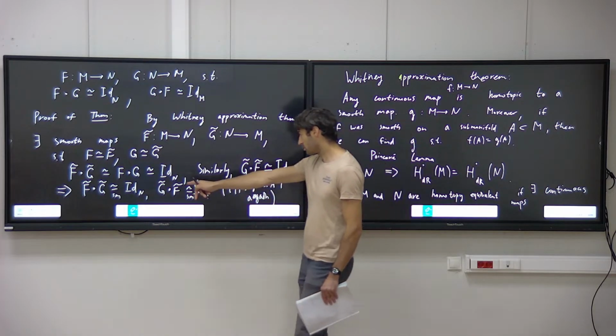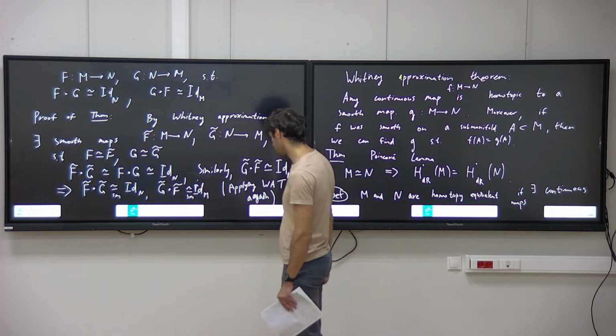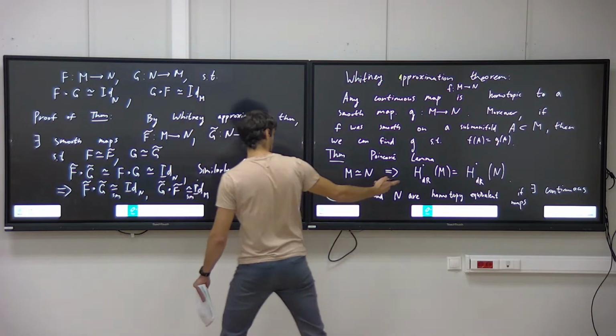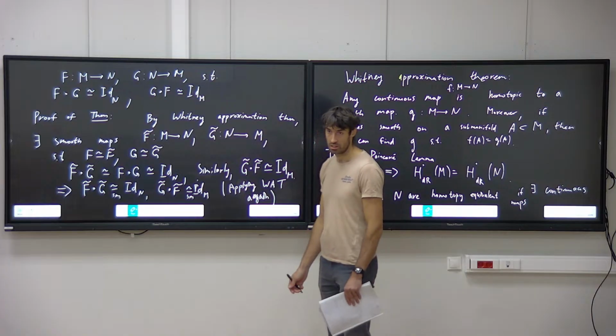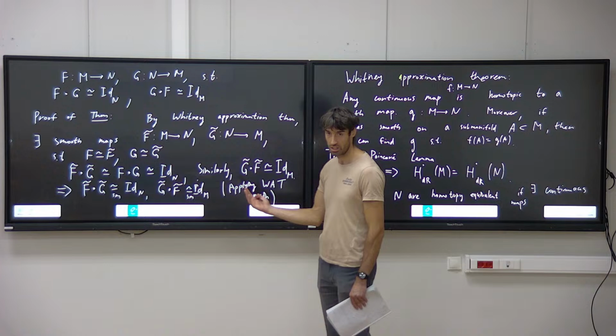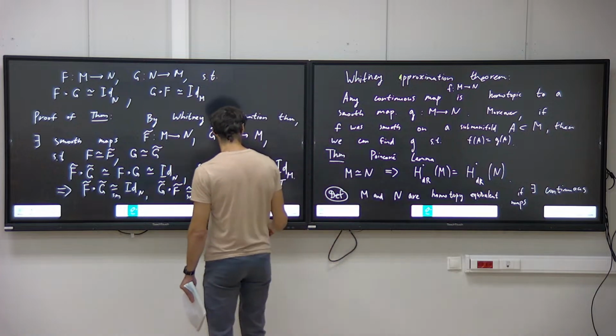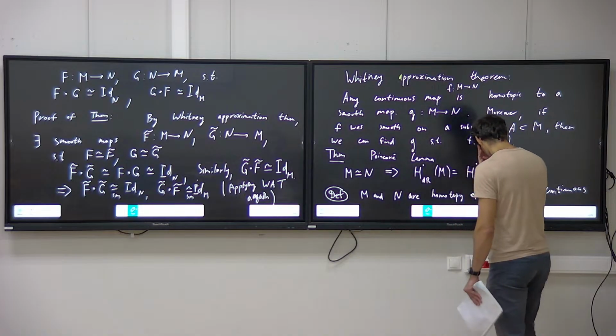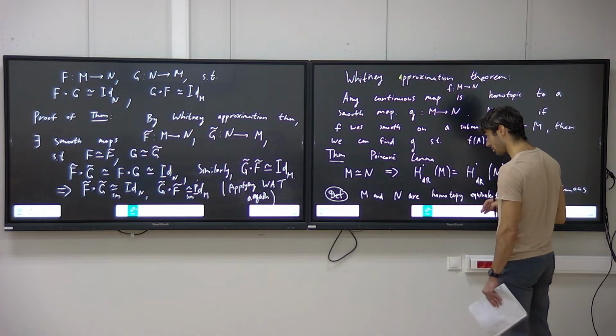But this means that F tilde star is an isomorphism between the de Rham homologies, right? Because it has an inverse, which is G tilde star. This is by the smooth homotopy invariance that we proved.